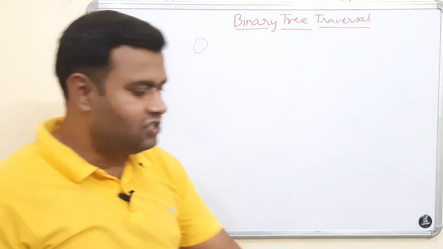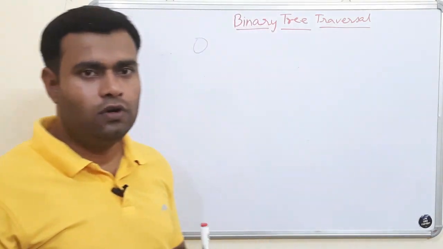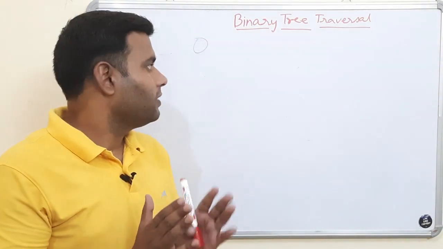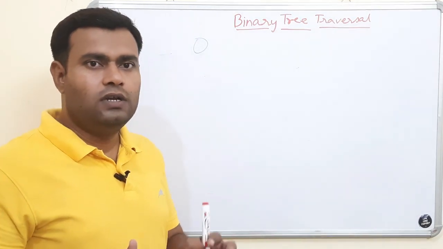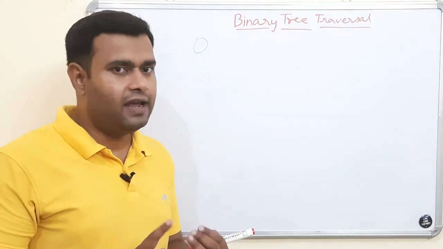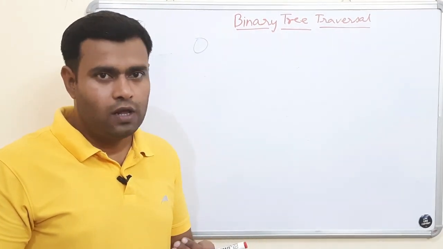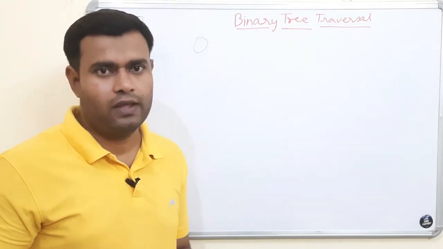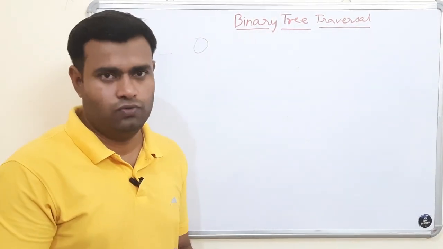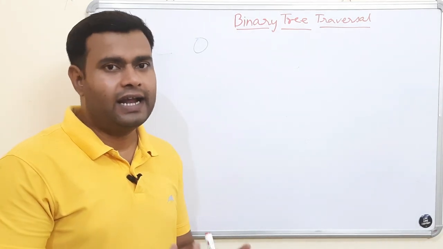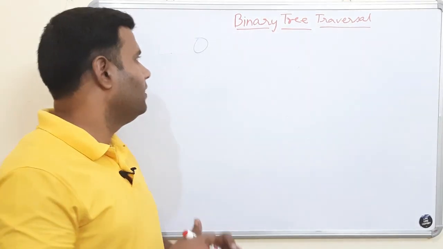So any tree which has at max two children is called a binary tree. It can have one child, it can have two, but it cannot have more than two. It can even have zero children, and that is also a binary tree.